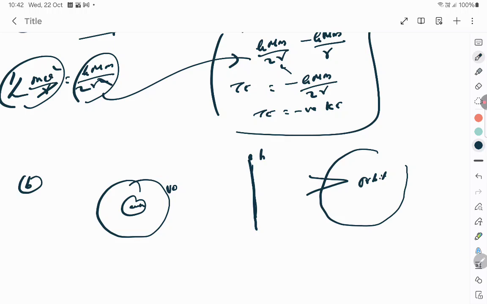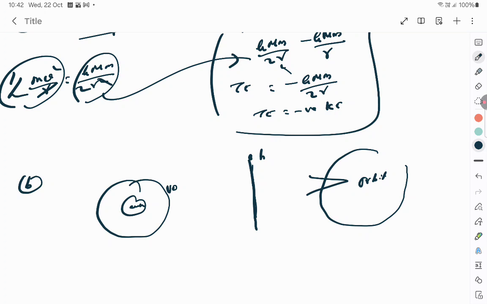We have to choose: the energy required to rocket an orbiting satellite out of the Earth's gravitational influence is more or less than the energy required to project a stationary object at the same height.